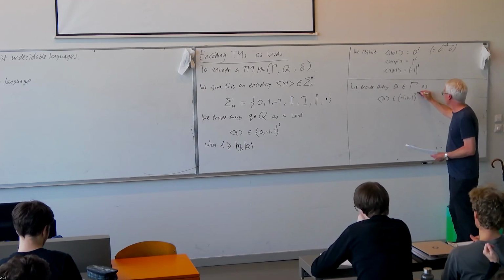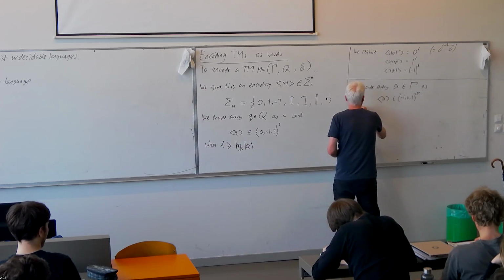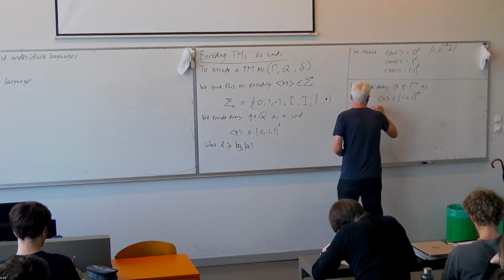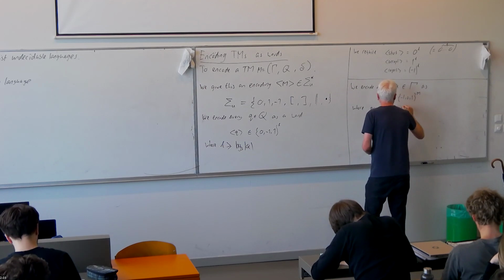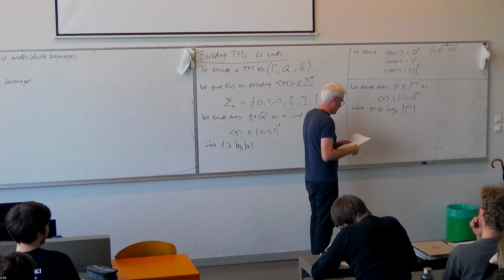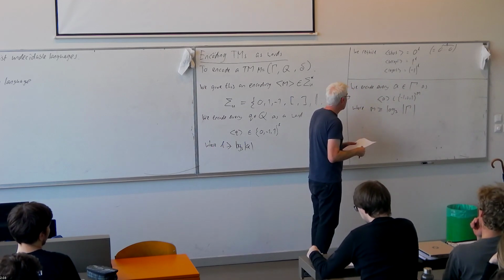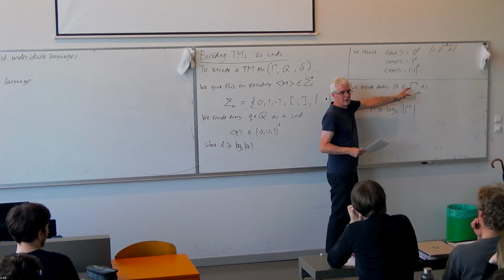So here we'll use M for the number there, and of course, in this case, M is chosen so that M needs to be greater than log base 3 of the size of the tape alphabet of the original Turing machine. And of course, we've got a special symbol in the tape alphabet.